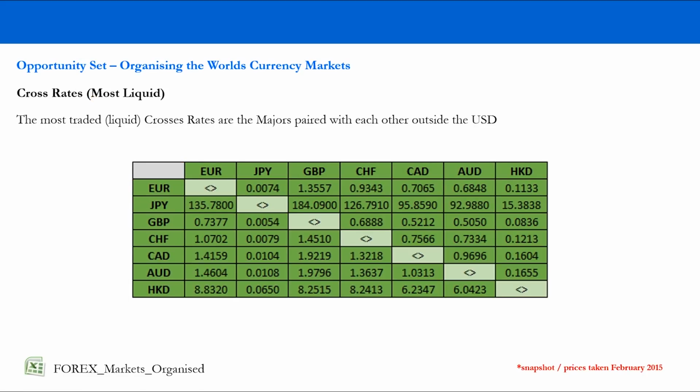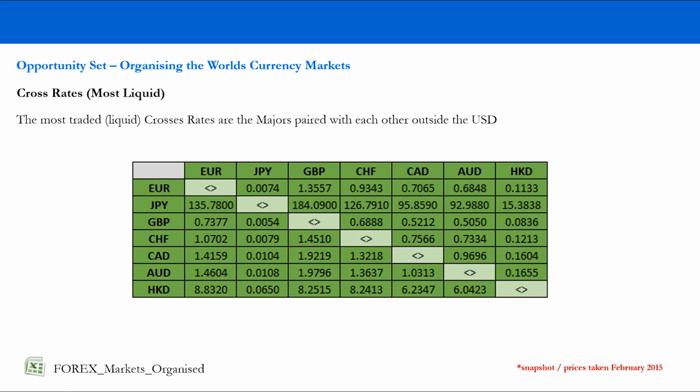Cross rates, specifically cross rates, are defined as the currencies that are not quoted against the US dollar. Cross rates are quoted as the majors against each other.